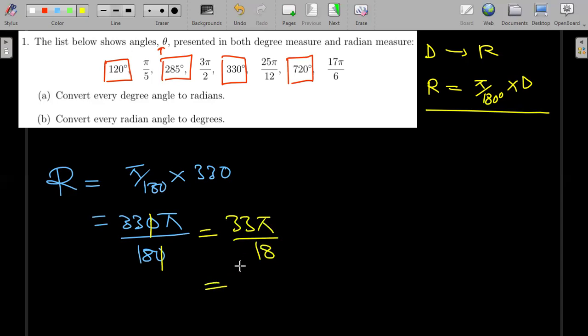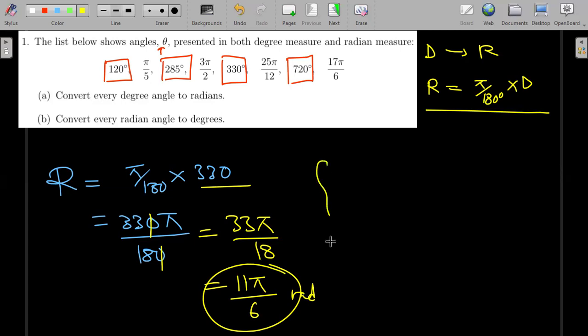I see that I can divide both by 3. 3 into 33 gives me 11 pi over 3 into 18, which is 6 rad. So this 330 degrees is the same as 11 pi over 6.